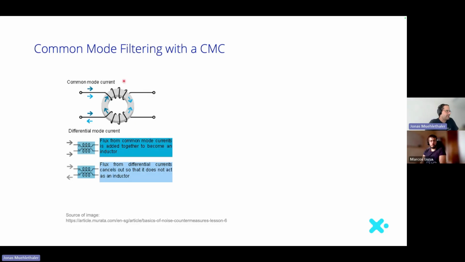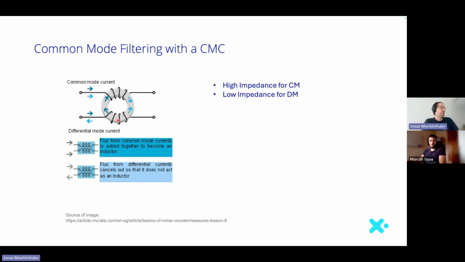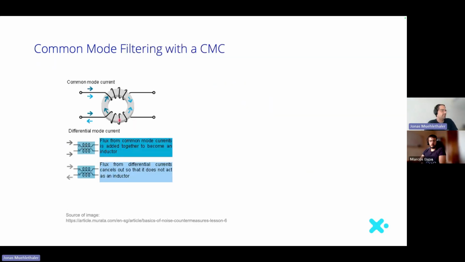Let's look at this picture here. This is basically how you wind a common mode choke. You have two windings. The one in the positive, this could be here on the positive side, and the second one here would be connected down here between the LISN and this bar. So if you look at different kinds of currents, let's say you have a differential mode current, the current goes here, then to the system and here back, and then with the right hand rule, you draw the direction of the magnetic field.